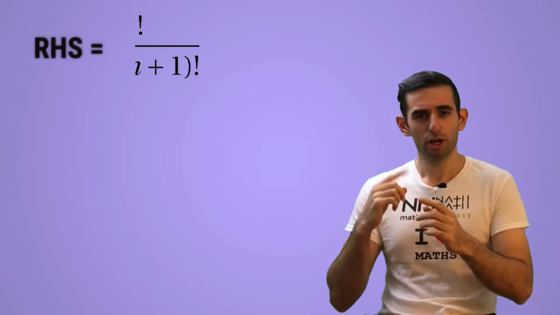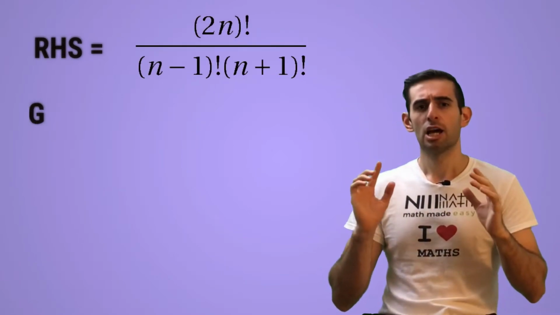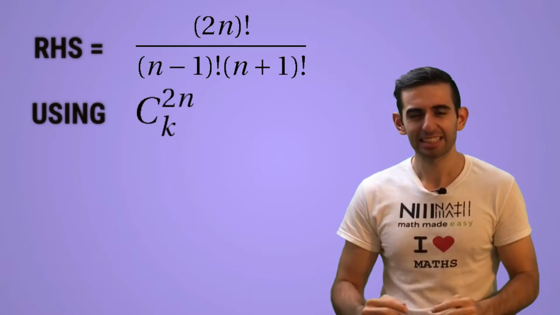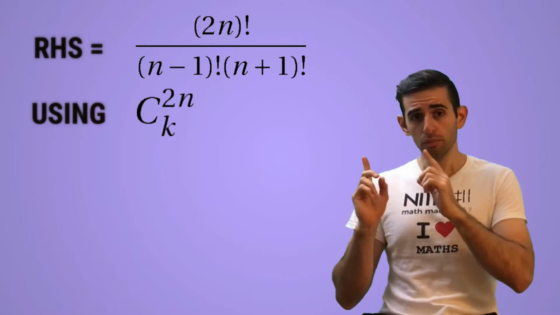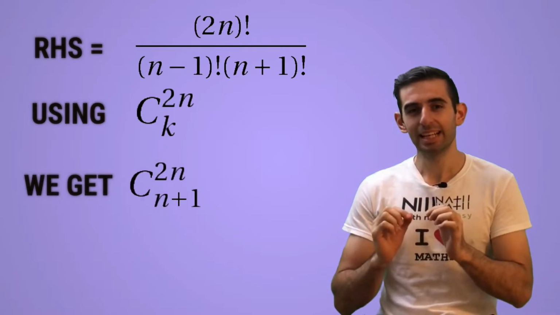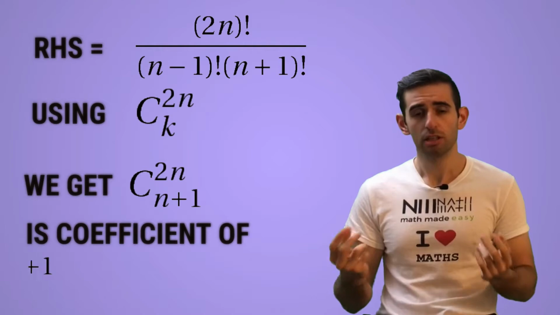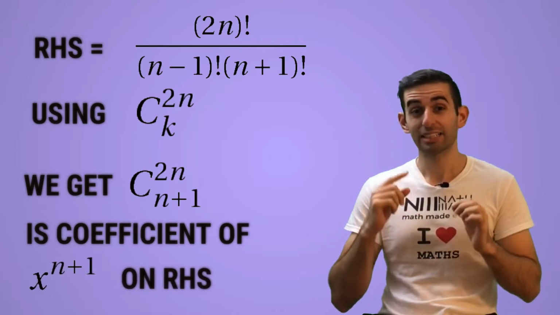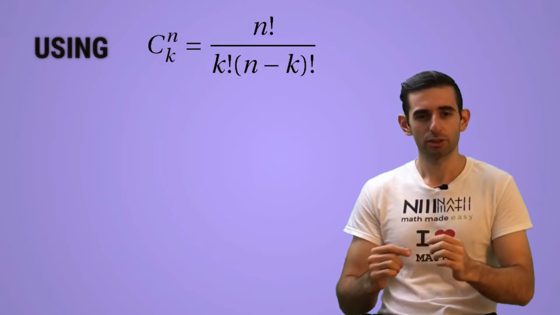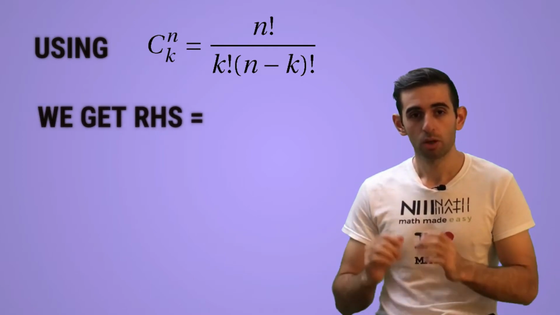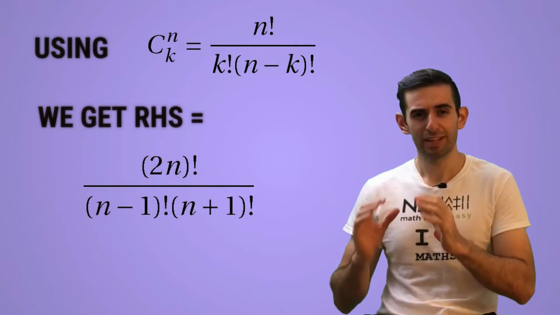Now the left hand side looks messy, which is what the trick here is, but the right hand side is a single term, and if we go to what I said before, that 2nCk is the coefficient of x to the k in (1+x)^2n, then we get 2nC(n+1) as the coefficient of x to the n+1. So then if we use the identity that nCk equals n! over k!(n-k)!, we can get the right hand side of the actual question straight away.